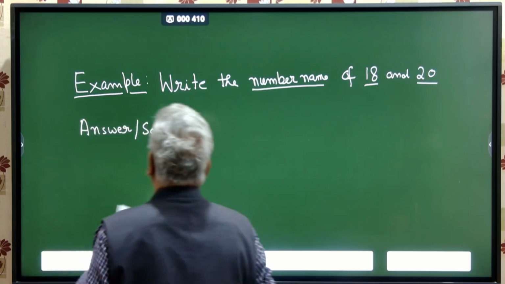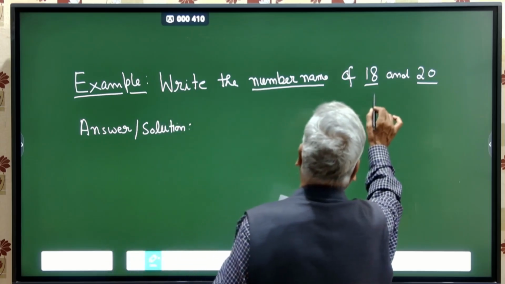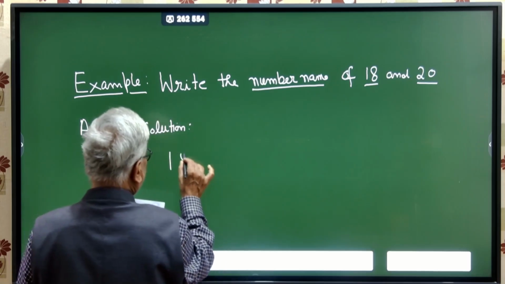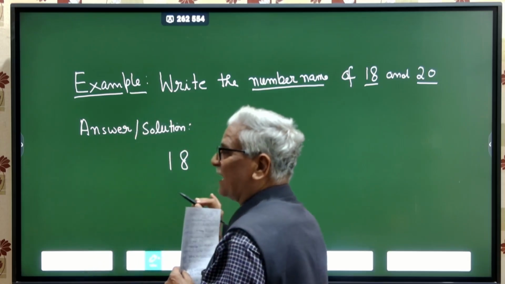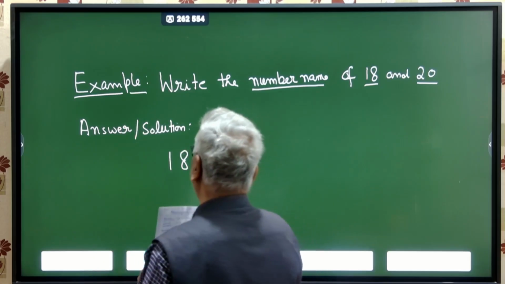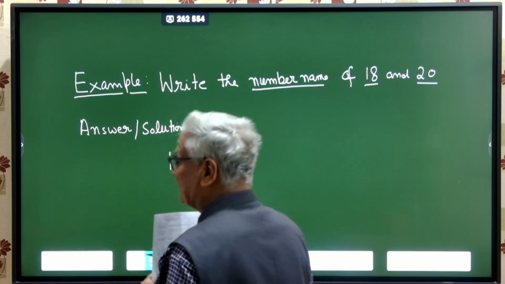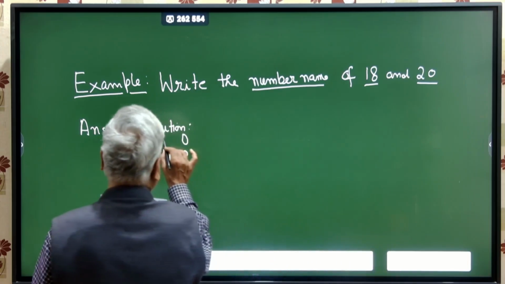Just see, we have to write the number name of 18. So first write 18, then the first digit is always written as ones. Write ones. The second digit, I have already told you, is the tens, so we should write tens.